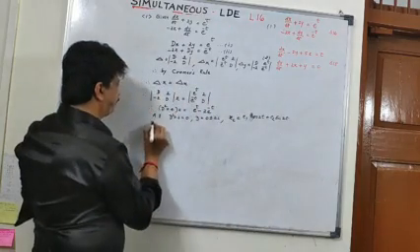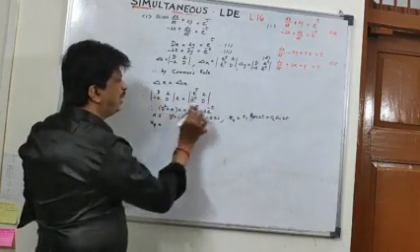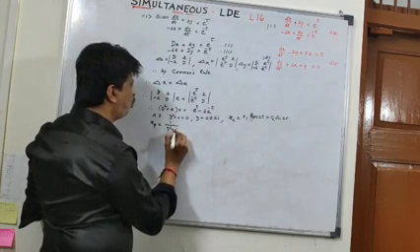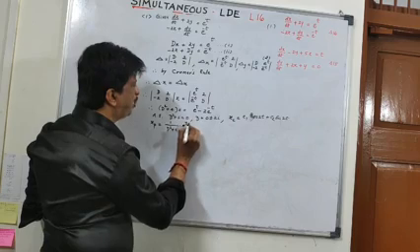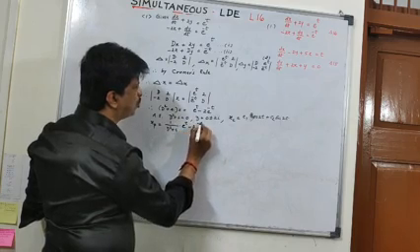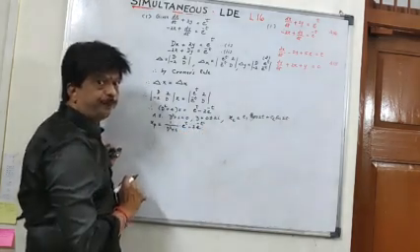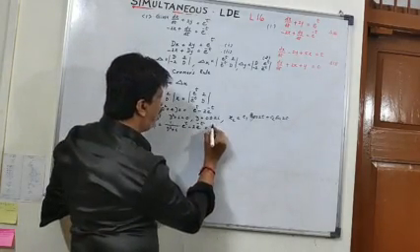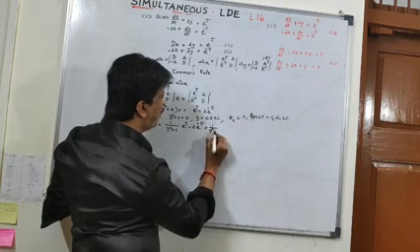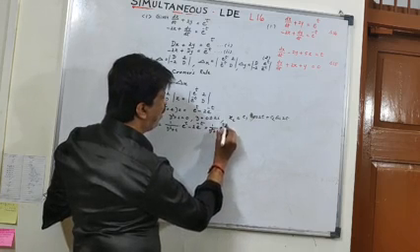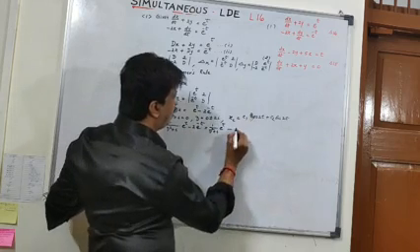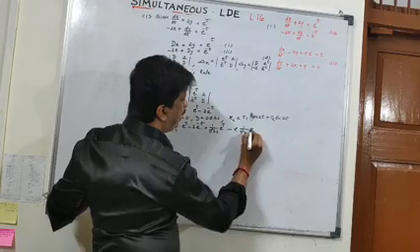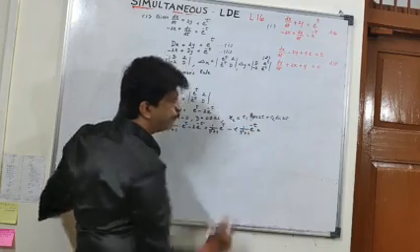Now xp, the particular integral from this equation, is 1 upon d square plus 4 operating on e raised to power t minus 2 times e raised to power minus t. That is further equal to 1 upon d square plus 4 into e power t, minus, for the second term, 2 times 1 upon d square plus 4 e raised to power minus t.